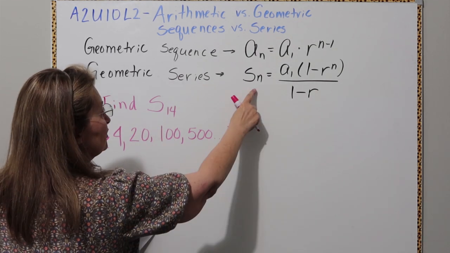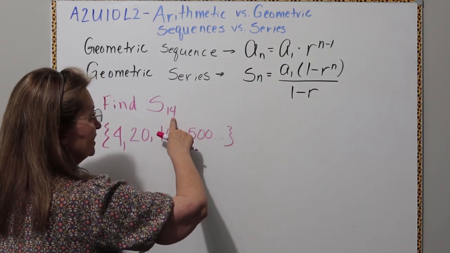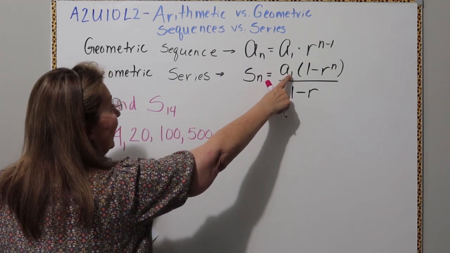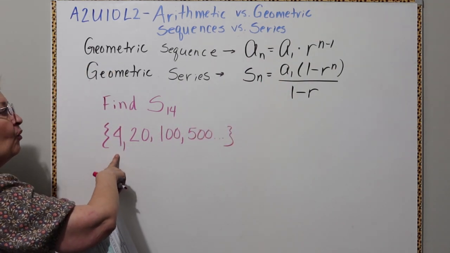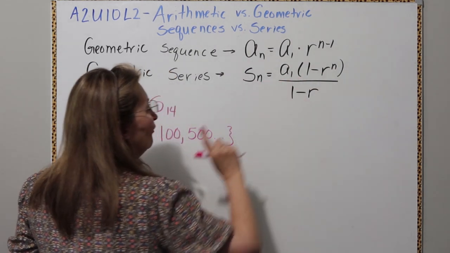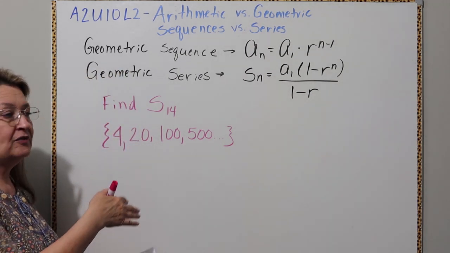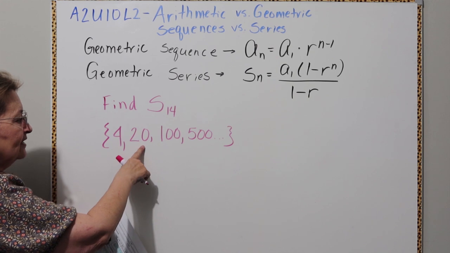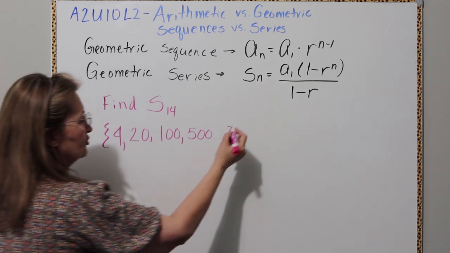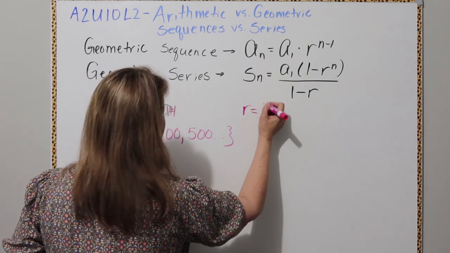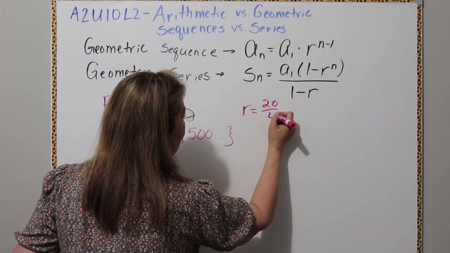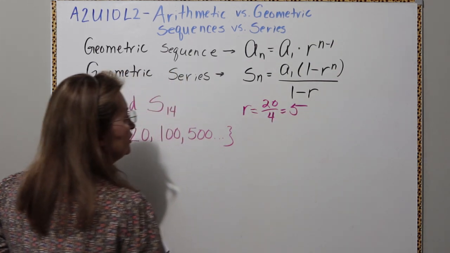So we're looking for a sum. Our N is 14. We know our A1, our first term, is 4. The problem we're going to have right off the bat is we don't have an R. So how do you find R? The same way as you did with your sequence. Take the second term and put it over the first one. So my R here is 20 over 4, which is 5.